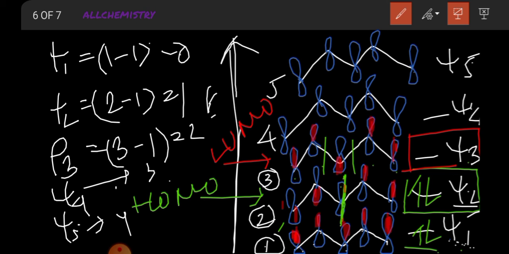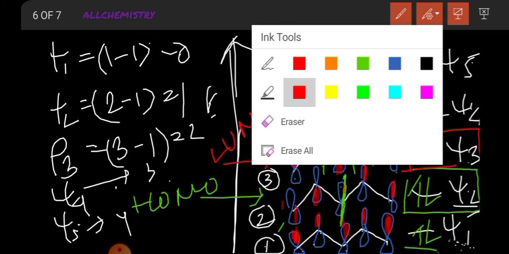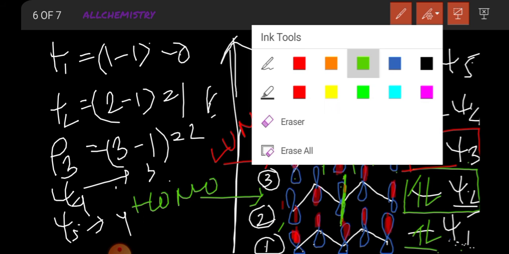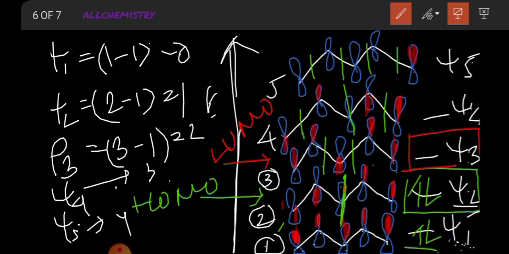We will draw them like 1, 2, 3: change of phase, no electron, change of phase. Again the last one, 4 nodes, 1, 2, 3, 4, so different phase.